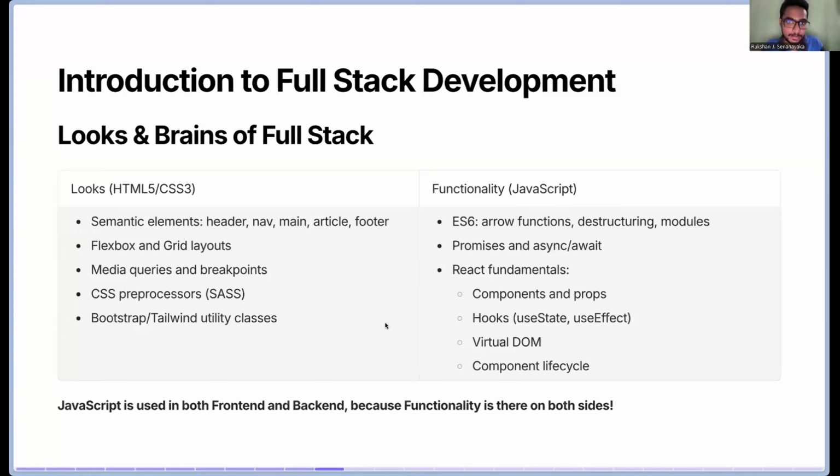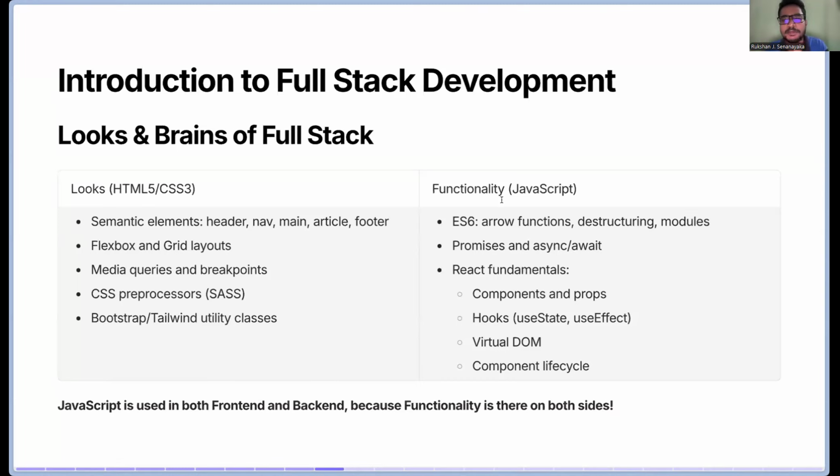It's how you see the application. Now, if you remember the old days of Facebook, it was very different from what we have right now. That was because the looks of Facebook were different back then. So in order to change the look of a full stack application, you have to use HTML and CSS. Simple as that. And to change the functionality, you should use JavaScript.